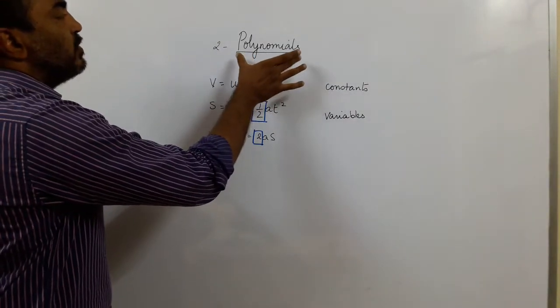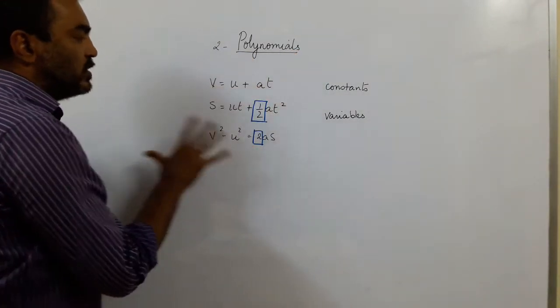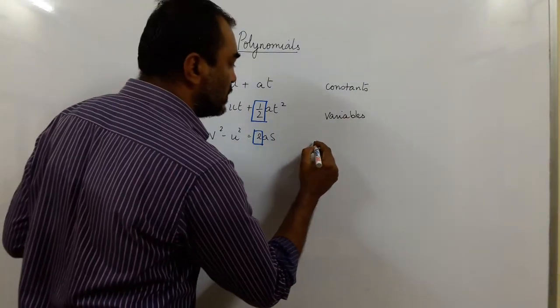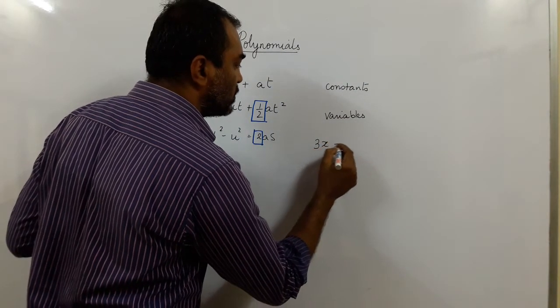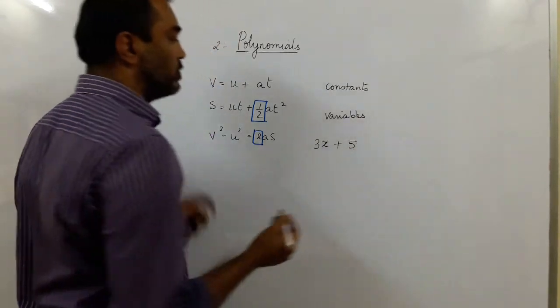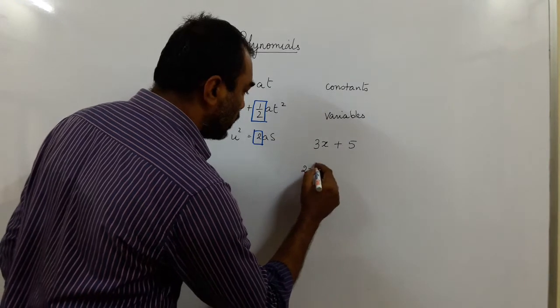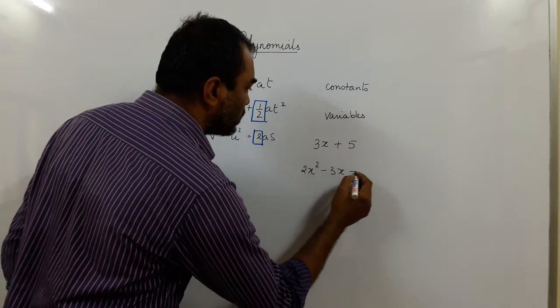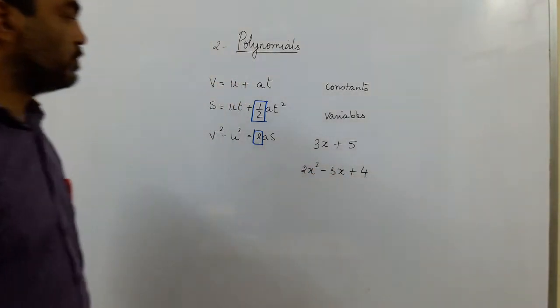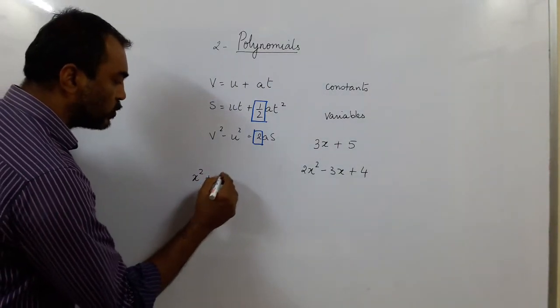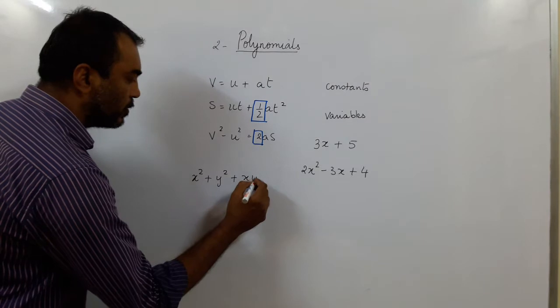Now what is the difference between the word polynomial and equation? I will write a polynomials on the board now. Let us say a few polynomials. Say 3x plus 5. Or let us say 2x square minus 3x plus 4. Or x square plus y square plus xy.